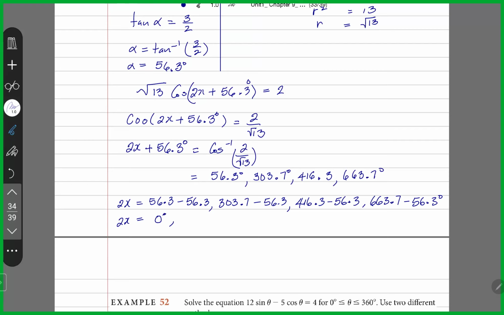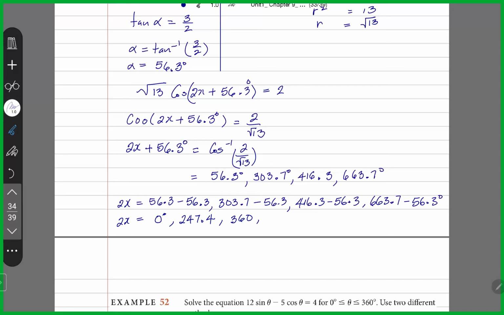All right. So 2x here would be equal to 0, 303.7 minus 56.3, so that's 247.4, comma, 416.3 minus 56.3 degrees, 360.